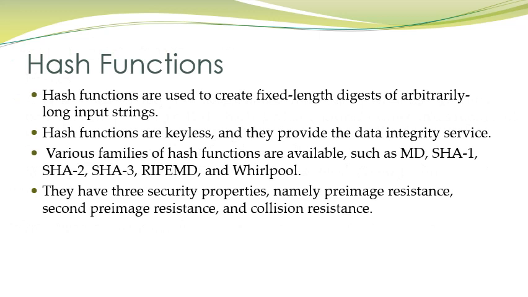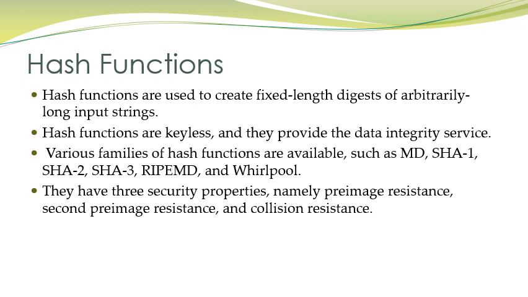So hash functions are used to create fixed length digest, or you can say fixed length output of arbitrary long input string. It will take the input strings of any size, and it will convert that string into a fixed length digest or fixed length output. Hash functions are keyless. They don't require any key like public key cryptography, in which private and public keys are used.